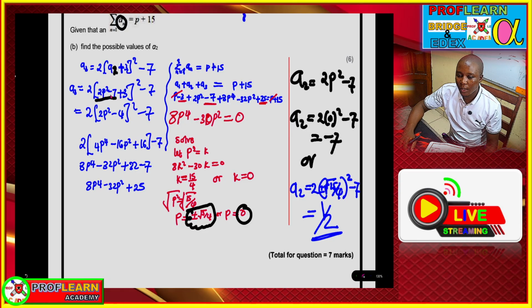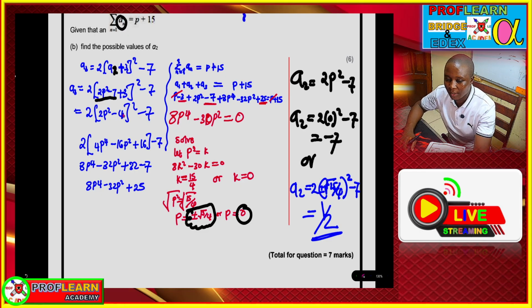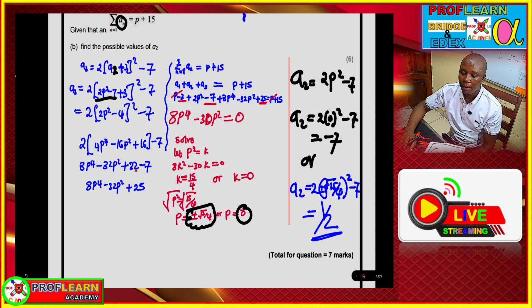And then now you can add 2P squared minus 7 plus 3, the expression becoming 2 into (2P squared minus 4) squared minus 7. Then if you expand whatever we have in the brackets, we are going to have the expression reducing to 8P to the power 4 minus 32P squared plus 32 minus 7.